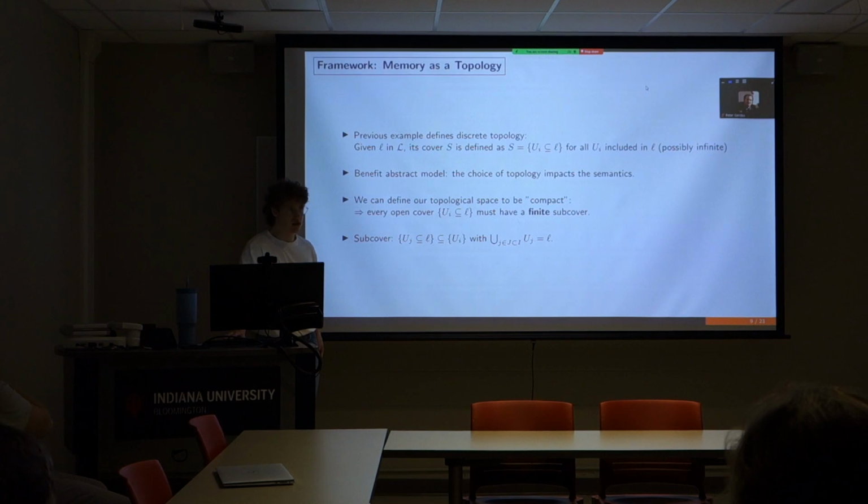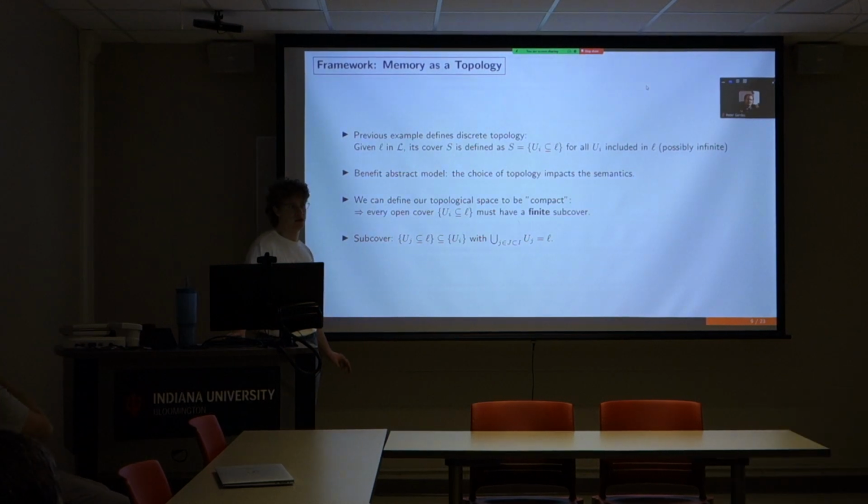I added some things here that specify a little bit more about why the choice of topology is important, but I think that is a little bit out of scope for this talk.